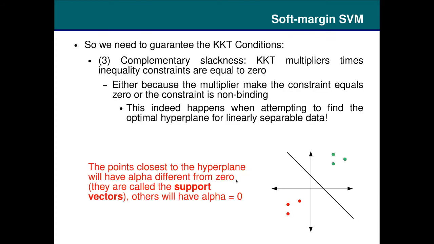Okay. Next, I need to ensure my complementary slackness. That's something that we need: the Karush-Kuhn-Tucker multipliers times inequality constraints to be equal to 0. Otherwise, the constraints aren't binding. I mean, if some Karush-Kuhn-Tucker multiplier is exactly equal to 0, the constraint isn't binding.